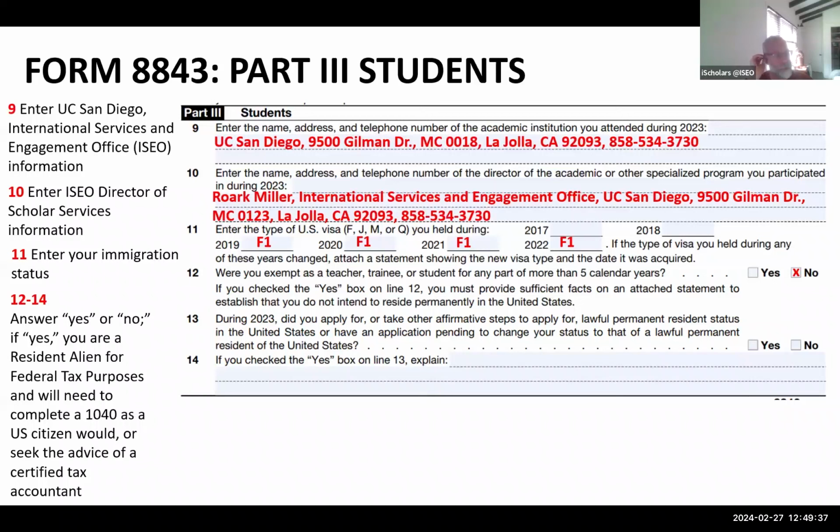Any of you who received payments should have also received an automatic email in early February, maybe February 8th or so, that gives you instructions for accessing Glacier Tax Prep to complete your 1040 NR.